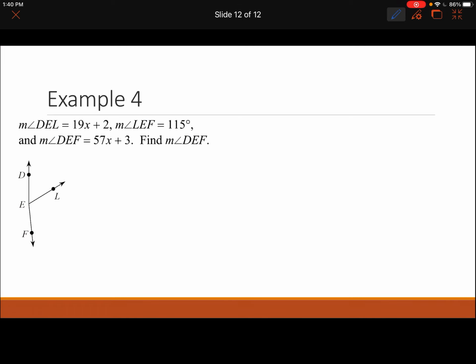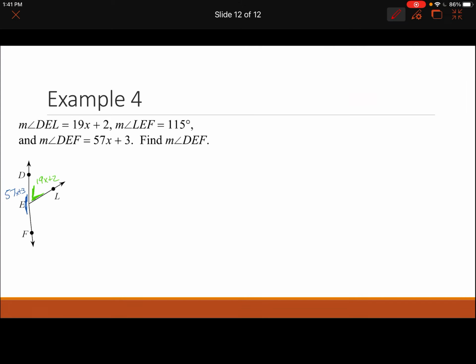And for our last example, we're trying to find the measure of angle DEF. So the measure of angle DEF in degrees, we already know we have an expression for it. That's 57x plus 3. We have angle DEL. So angle DEL, that is 19x plus 2.